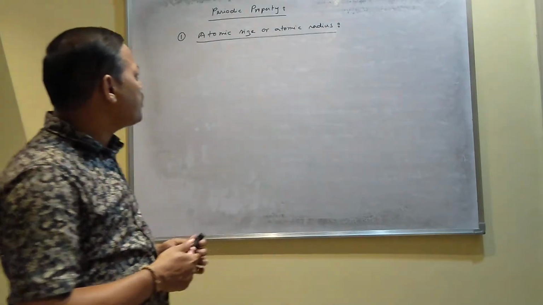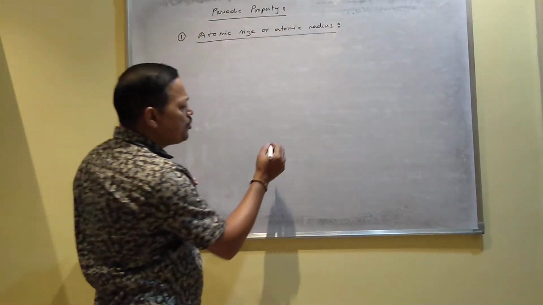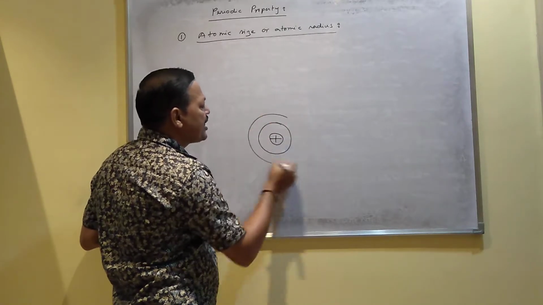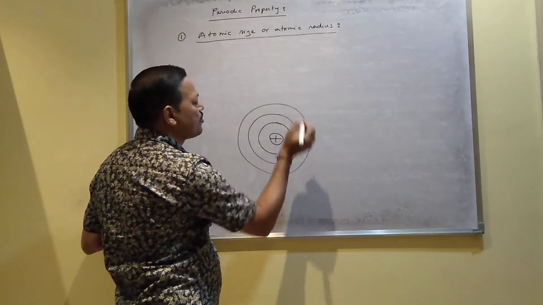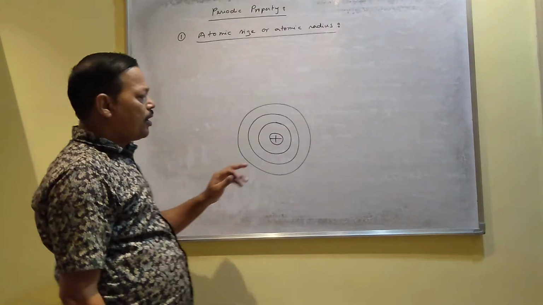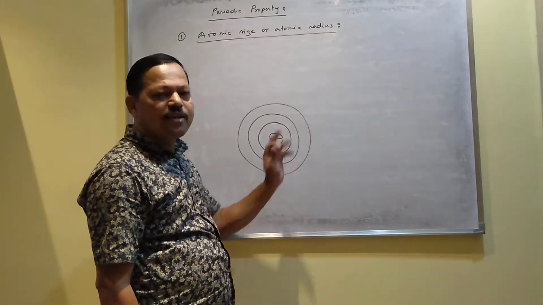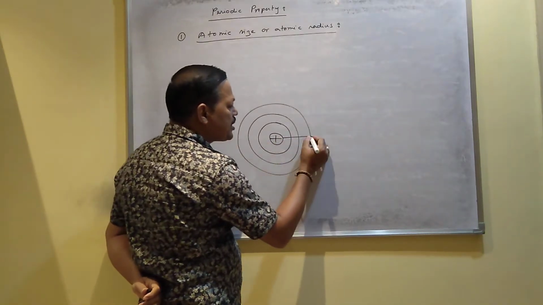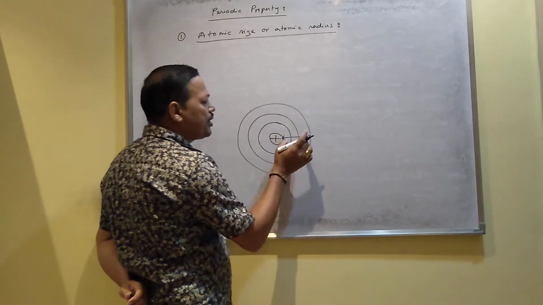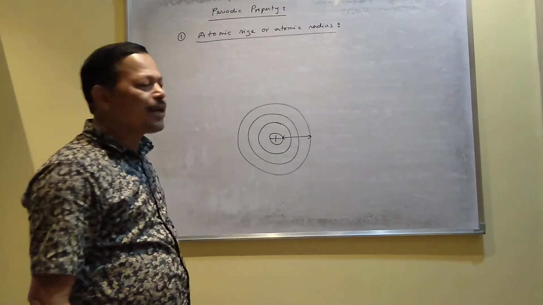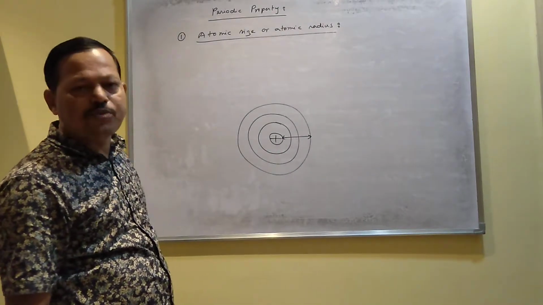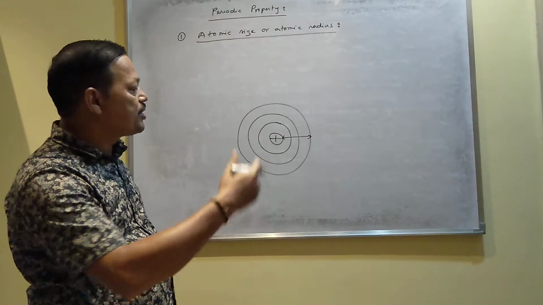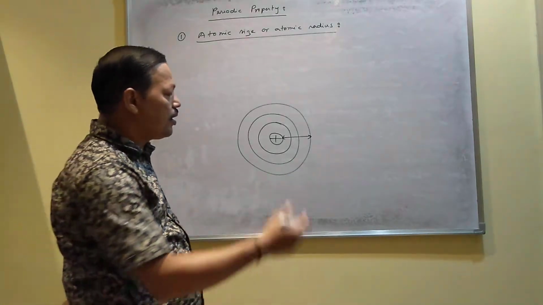So atomic size means, as you know, this is the nucleus, and suppose these are the shells, and we consider the third shell is the valence shell for this atom. What is the distance from the nucleus up to the valence shell? That distance is called atomic radius. It is the distance from the nucleus to the shell which the last electron enters.